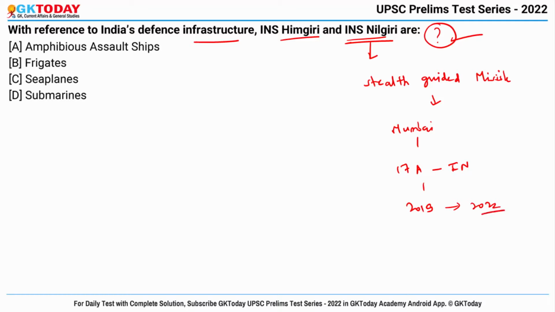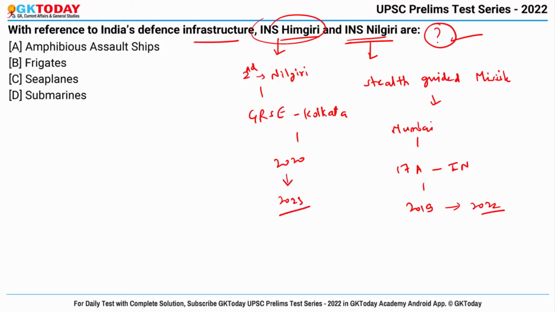Okay. And talking about INS Himgiri, it is the second ship of Nilgiri class of frigates, and it was built by GRSE in Kolkata and was launched in 2020, and later it is to be commissioned in 2023. Okay. So your correct answer is option number D.